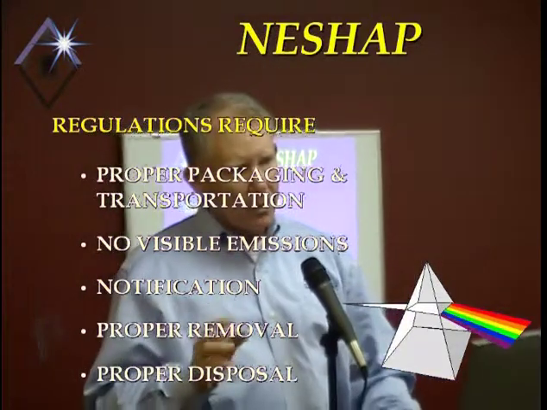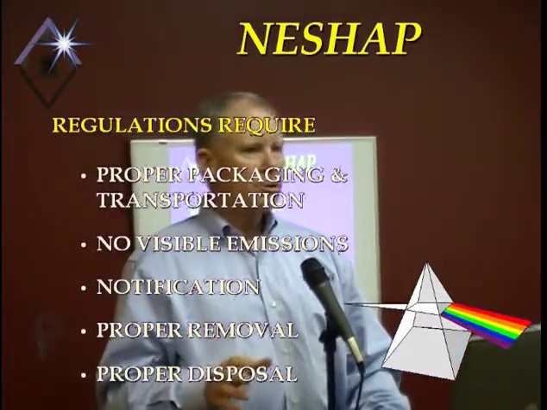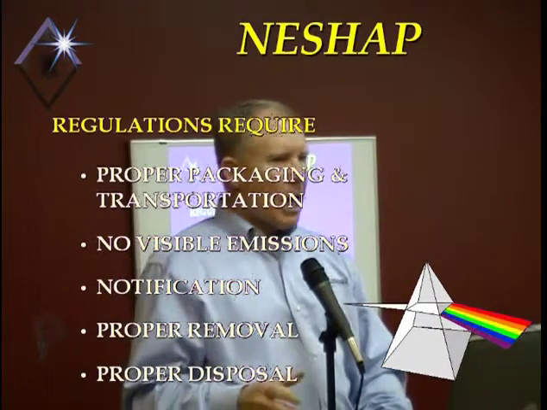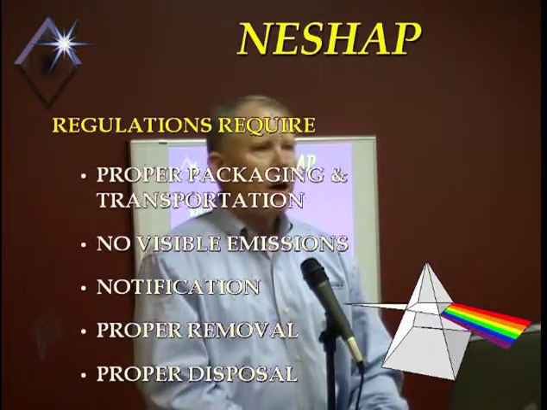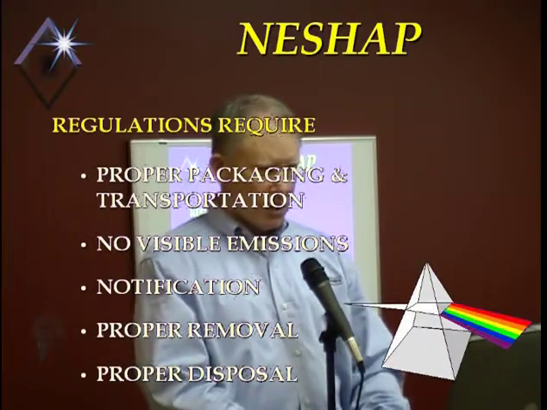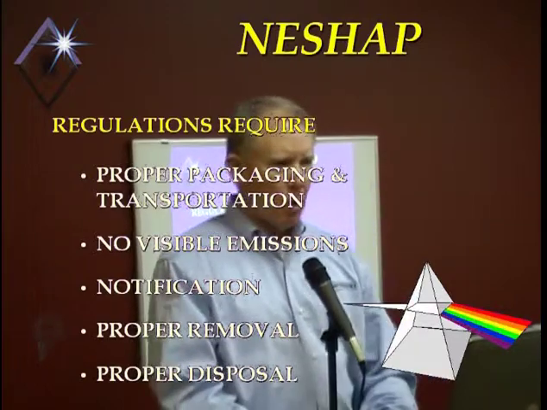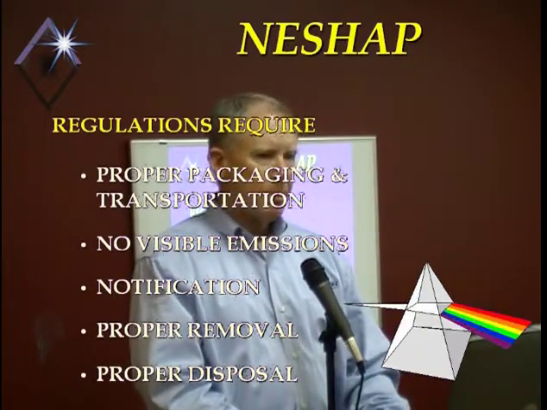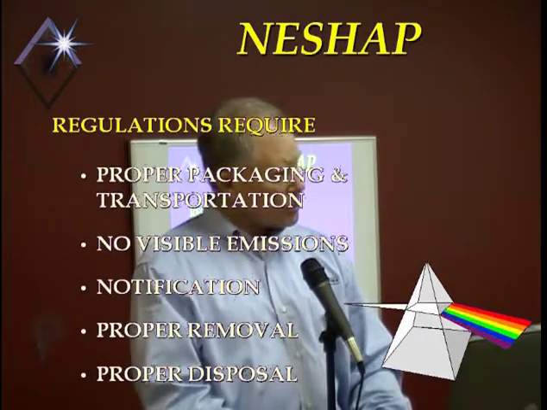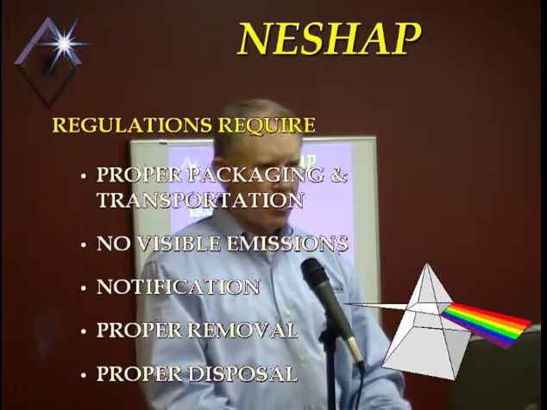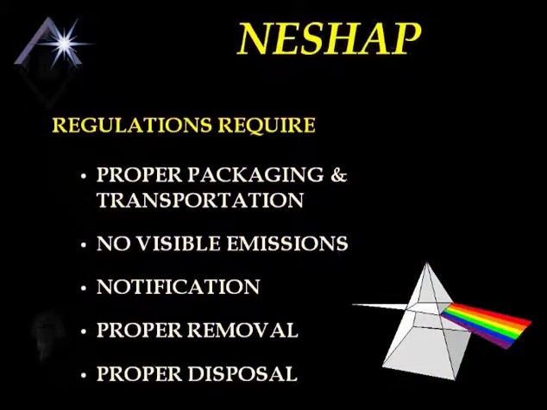You have to let the regulators know that you're going to do an asbestos activity at least 10 work days prior to beginning that activity. There are specific work practices and procedures that NESHAP requires to be implemented in order to render the asbestos in a way that doesn't release asbestos fibers into the atmosphere. And under NESHAP, there is a requirement for proper disposal of asbestos materials according to a series of standard protocols and procedures.